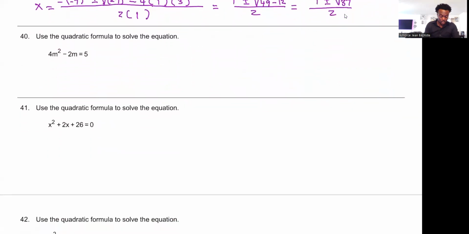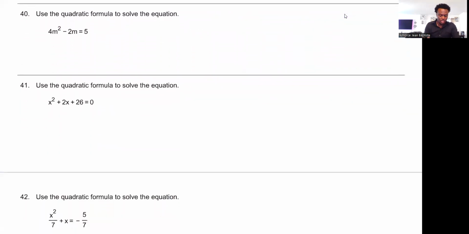Next, in this problem here, I'm seeing something that is not zero. This is not zero on this side, and I want to zero my equation out in this case. Whenever you're solving by quadratic formula, you always want to put the equation, everything on one side in standard form, and then 0 on the other side.